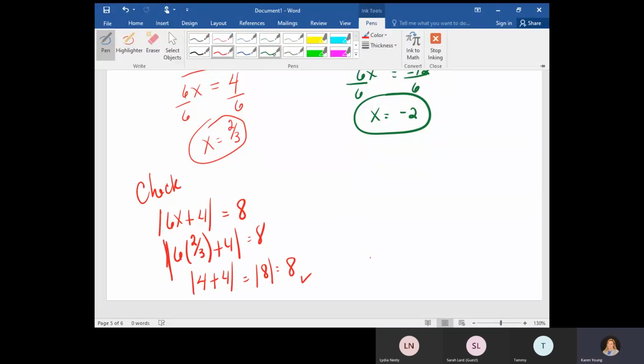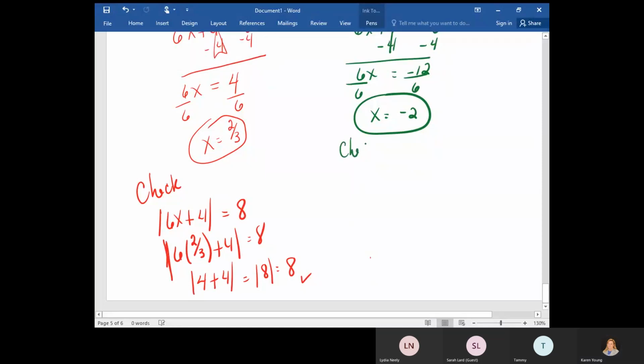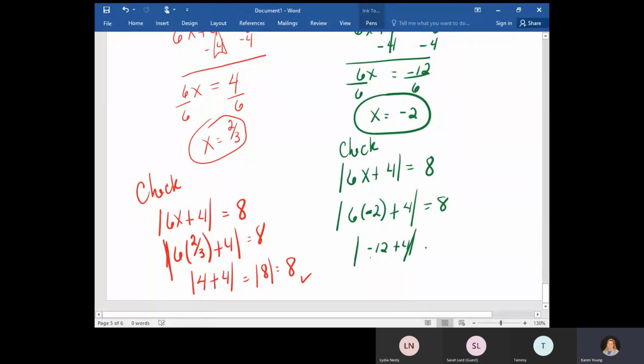Now, to check my green one. And again, I'm going back to my original because it has to check in the original. So I want it to equal just +8. This time, I'm going to put -2 in for x. 6 times -2 is -12 plus 4. -12 plus 4 is -8.